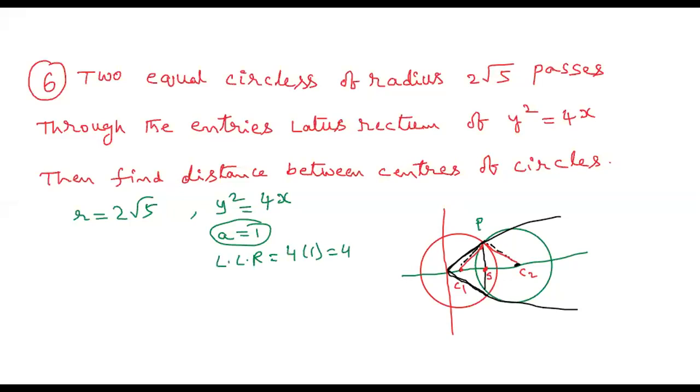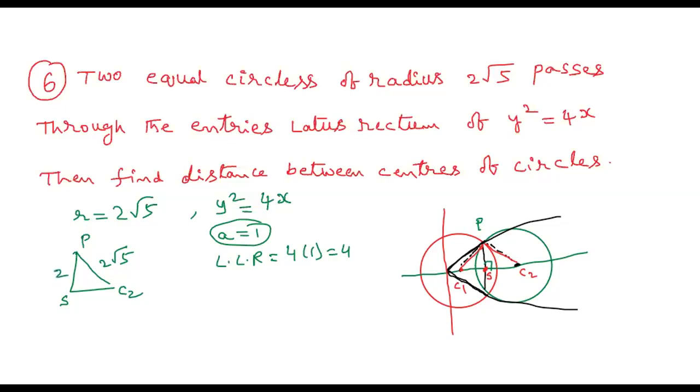Take any one of the triangles. I am going to take triangle PSC2. PC2 is the radius of the circle, 2 root 5, and PS is the semi-latus rectum, that is 2.